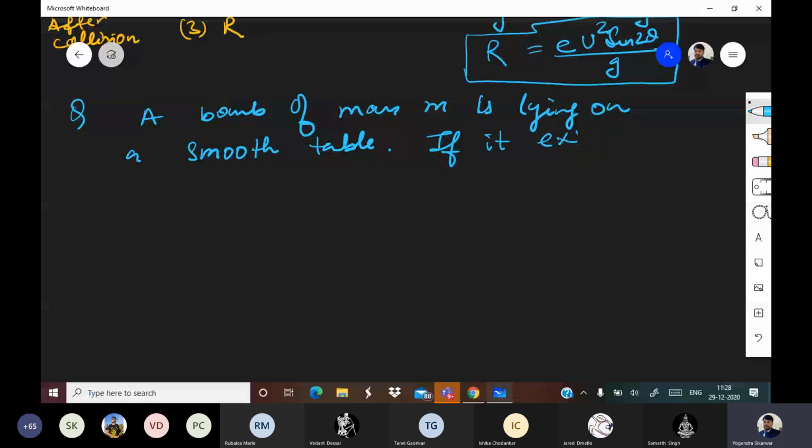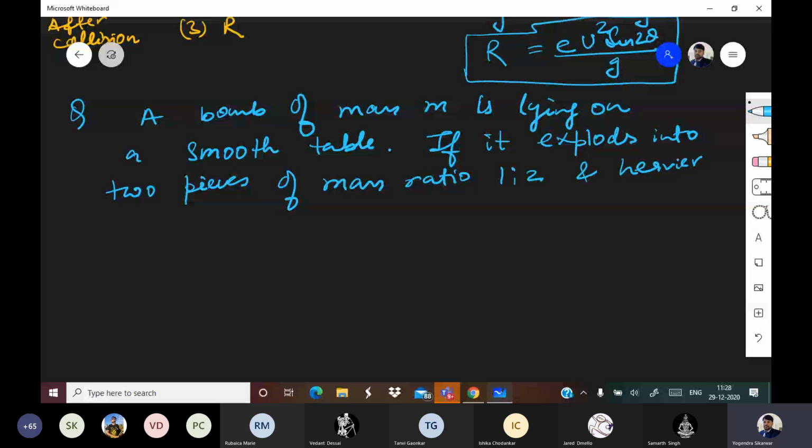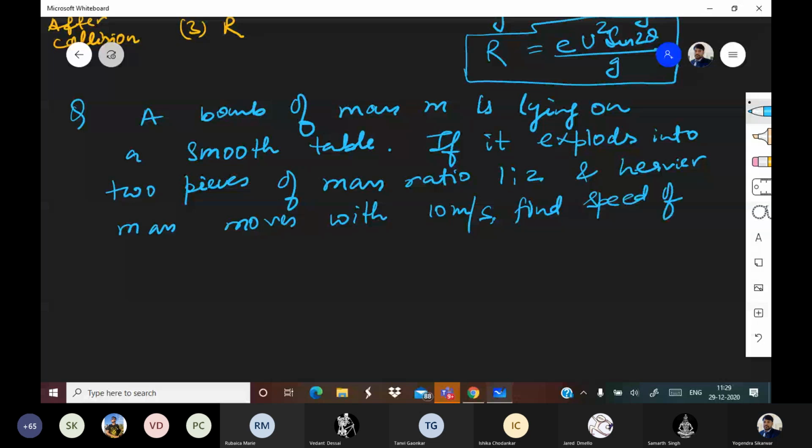If it explodes into two pieces of mass ratio 1:2, and the heavier mass moves with 10 meter per second, find the speed of the lighter mass. Please find.